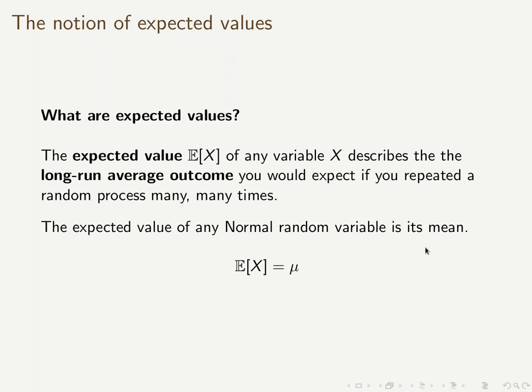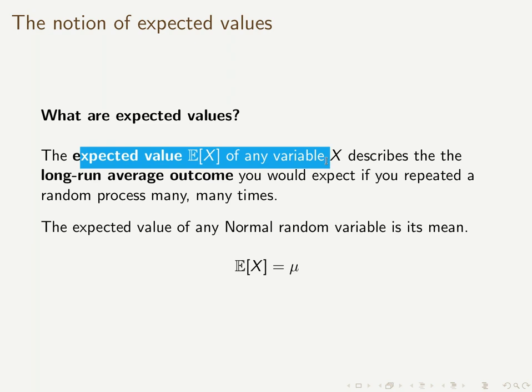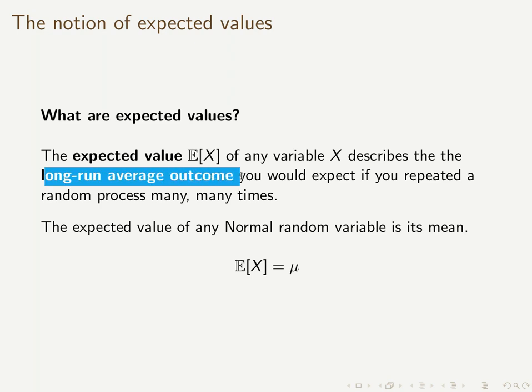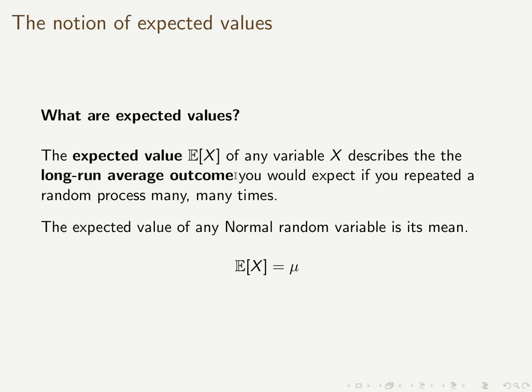So there is a quick little technical note that I have to specify here, and it's going to be relevant for us to understand the remainder of this lecture. So we have to talk about expected values. So what are expected values? The expected value of any variable that shows random variation is going to be the long run average outcome that we expect this variable to have if we were to repeat the random process many times.